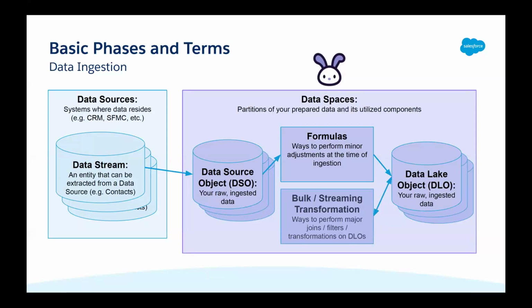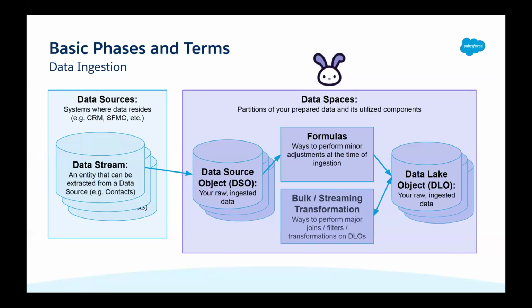Actually, it's important to mention we now have quite a recent addition. I believe this came in, certainly in October, earlier last year: this notion of a data space. We see this big rectangle on the right-hand side. Think of a data space as essentially a partition where you can separate data sets within an organization.